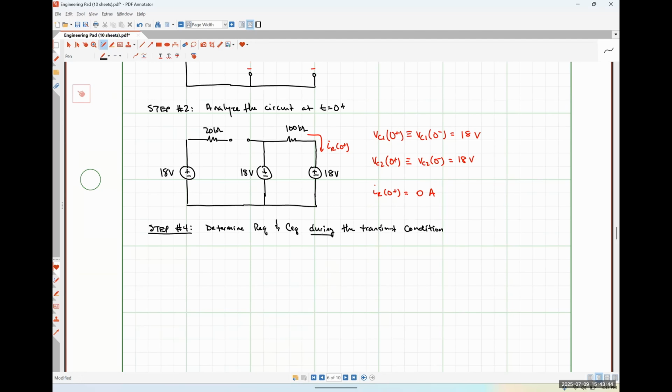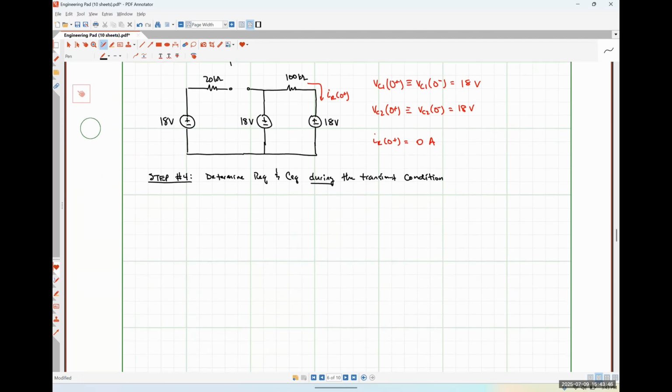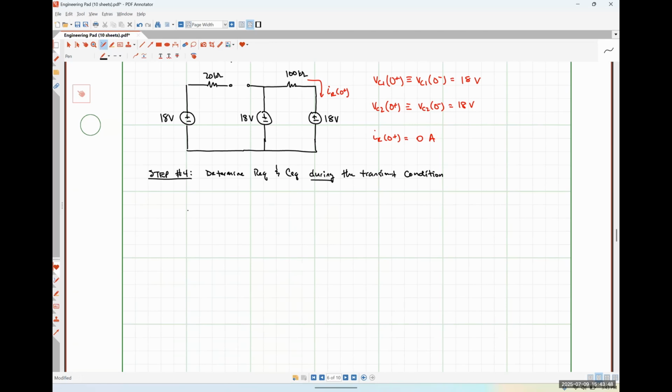So to kind of help things along here, I'm going to turn off my 18-volt source.